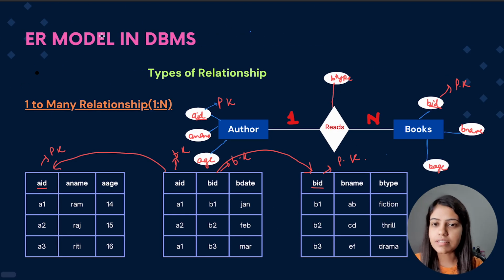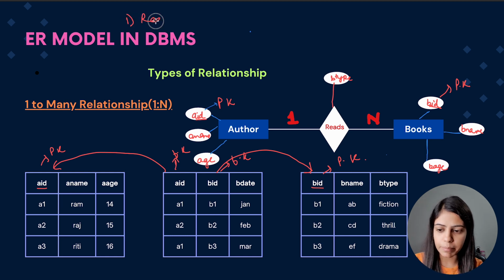Now what happens in real life is, whenever we design a database or are given some requirements and we design a database, the first step is we get the requirements. Second, we get the schema.